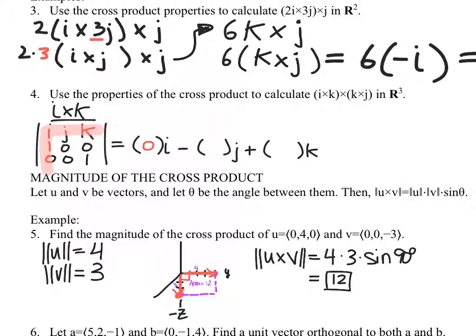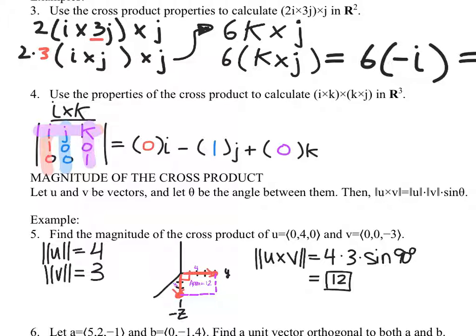And we do the same thing for J. So ignore the J row and column. And then we find the diagonal down product and the diagonal up product. So we're looking at 1 times 1, which is 1, minus 0. And then for the K, diagonal down product minus diagonal up product, it's going to be equal to 0.